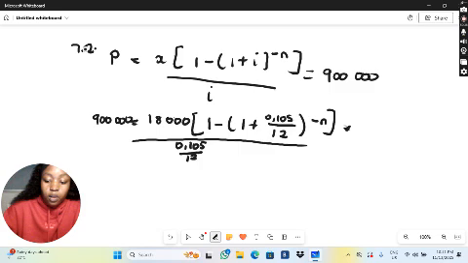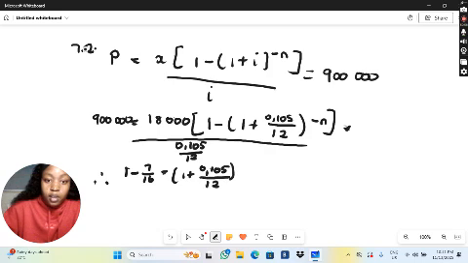When we calculate all this, because of time, we get 1 minus 7 over 16 is equal to 1 plus 0.105 over 12 to the power of negative n.